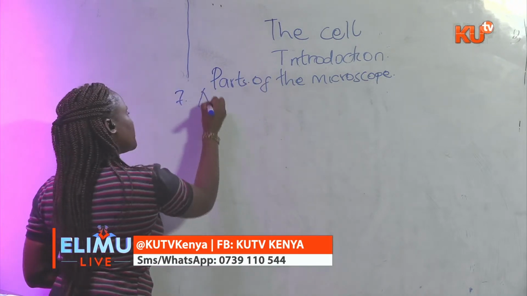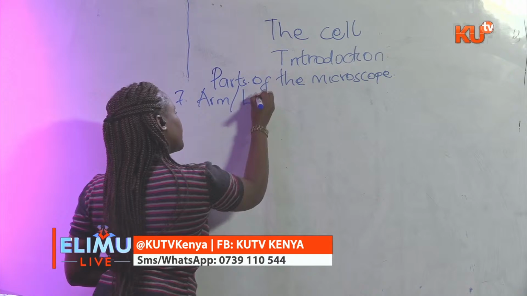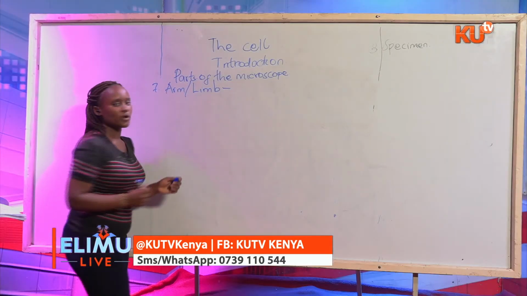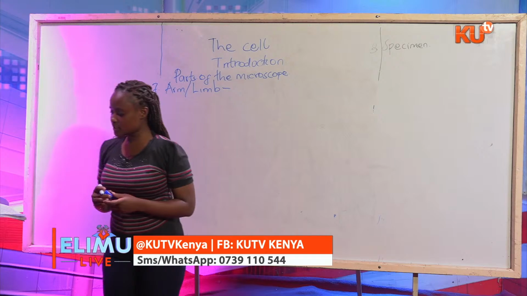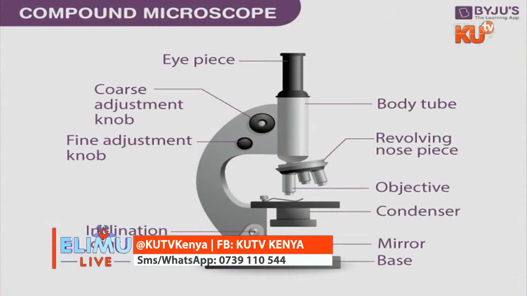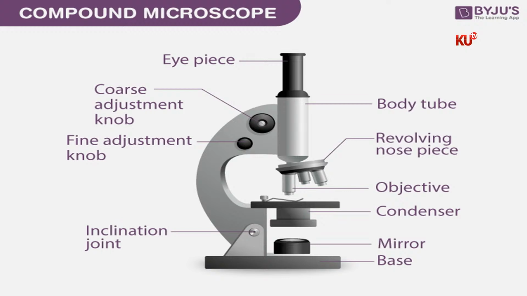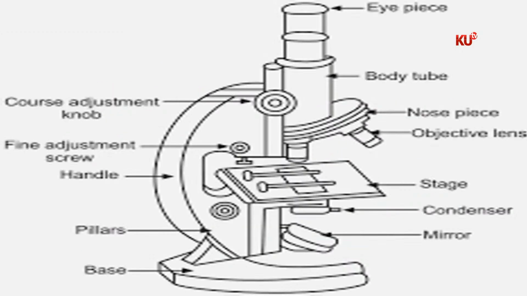It is for handling the microscope. The arm or the limb is used for handling the microscope.